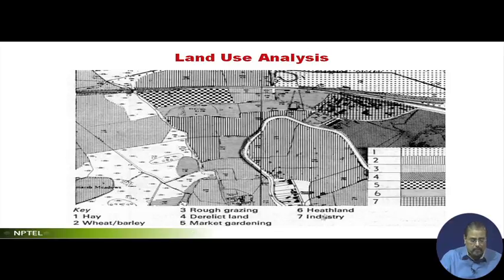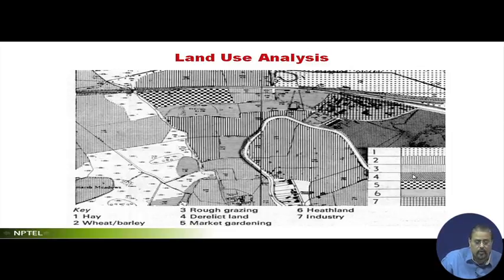Whatever is marked as 7 in this legend, I am trying to see where it is in my picture. This part where my cursor is running now is industry. Okay, let us see derelict land, 4, is this cross. Where is this cross?